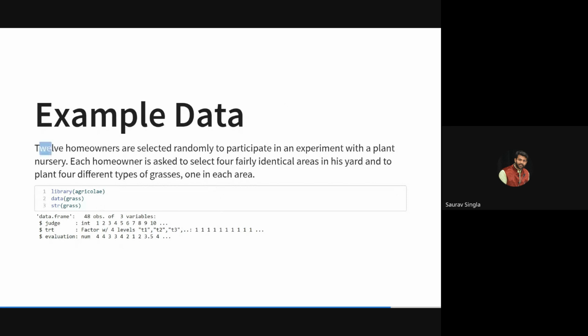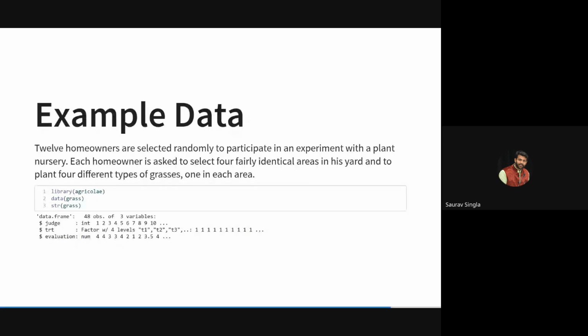There are 12 homeowners, and everyone has four different plots, in which the first plot gets the first type of grass, the second plot the second type, then the third type and the fourth type.